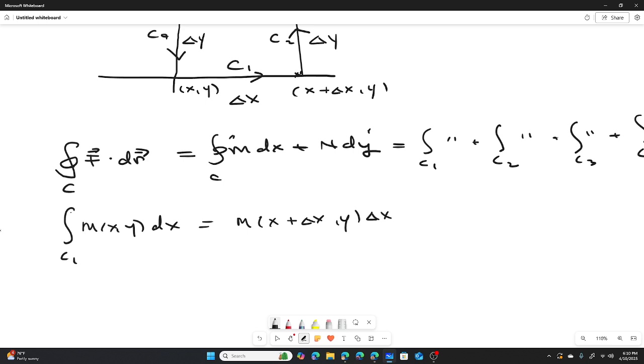But notice that as delta x approaches 0, that's just the same as m of x, y times delta x.